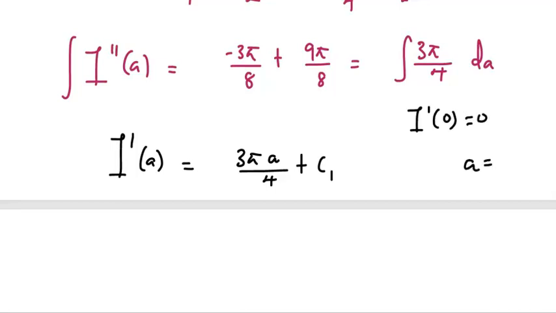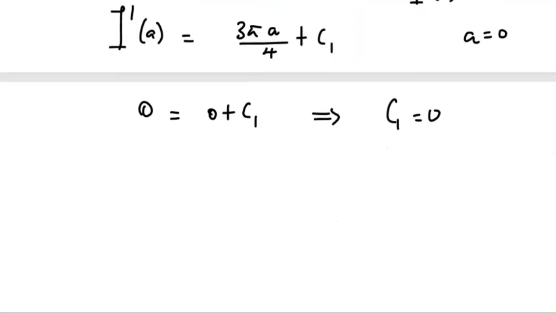Therefore, here, we're going to let a equal 0. And when you do that, you get 0 on the left-hand side is equal to 3 by 4 times 0 is 0 plus c1, which implies that our c1 equals 0. So we have this true equation that I prime of a is equal to 3 pi a by 4 plus 0, just 3 pi a by 4.